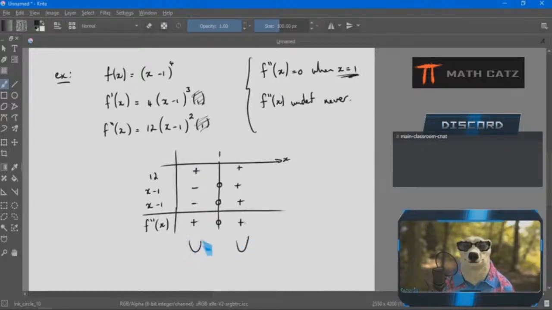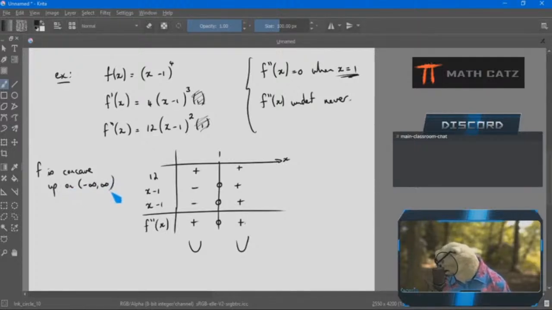Now, this diagram is just for me to remind myself the bend. It doesn't mean it's a full turn. And in fact, it isn't. So I'll just write over here. My function is concave up everywhere, because I don't have to exclude 1 because it's defined there.